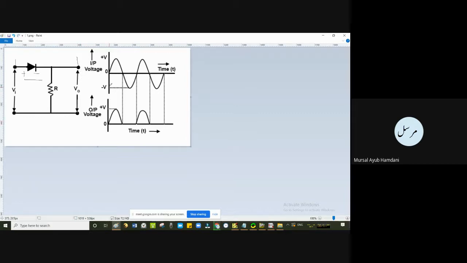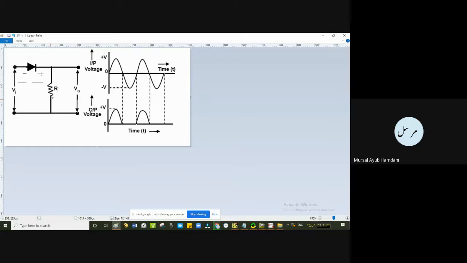That is why during the positive half cycle we have a similar pattern at the output. What about the negative? In the negative half cycle, we'll have negative voltage here and comparatively a positive voltage here. That renders it reverse biased, and reverse bias we can assume to be an open circuit.